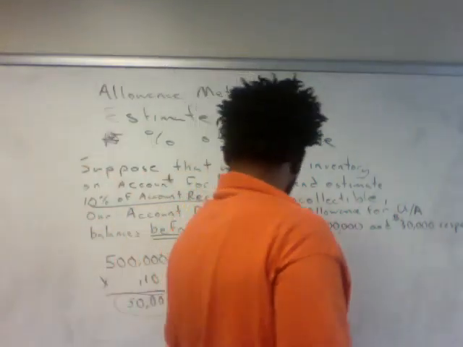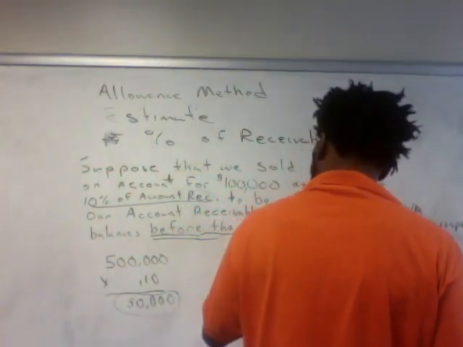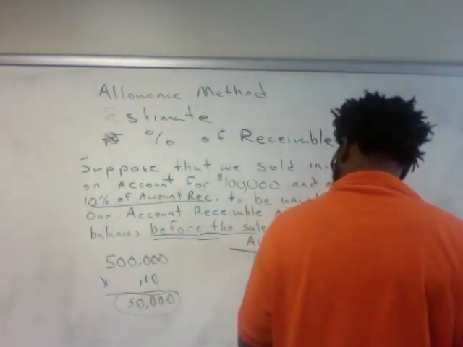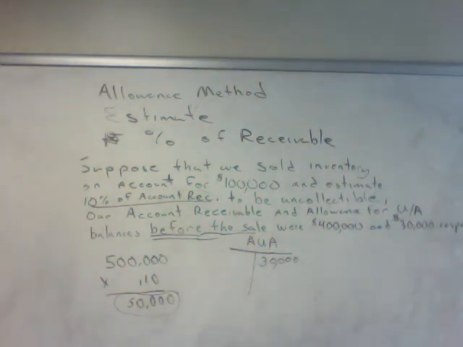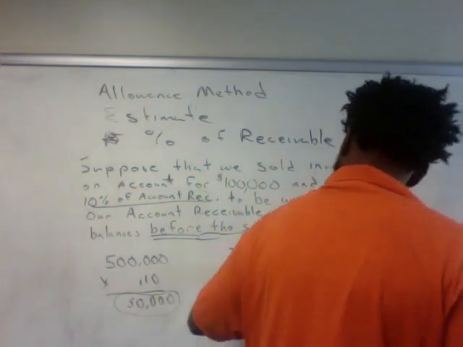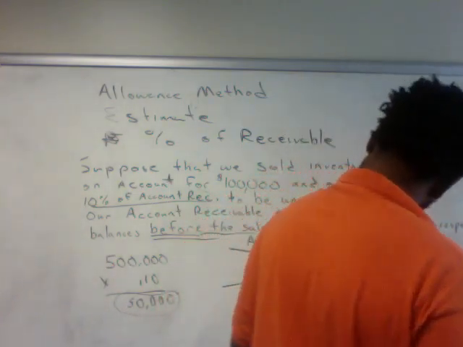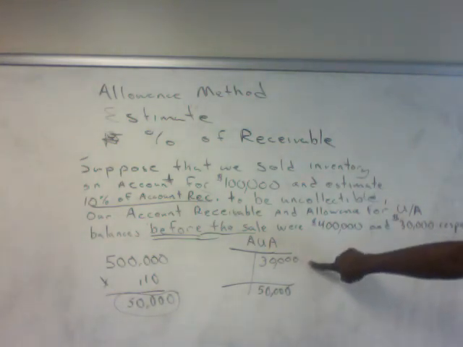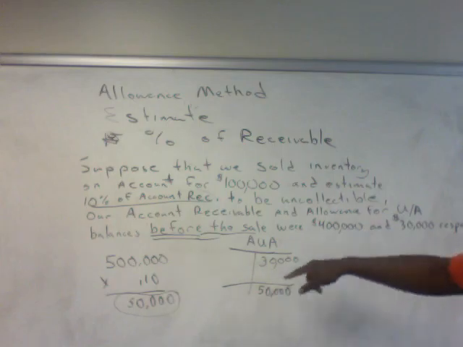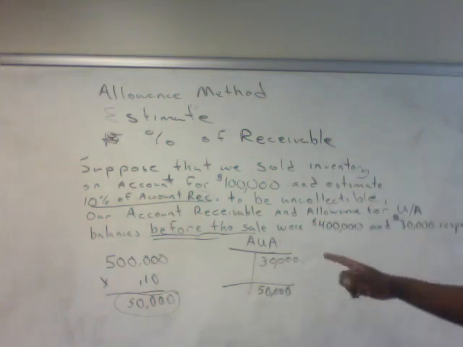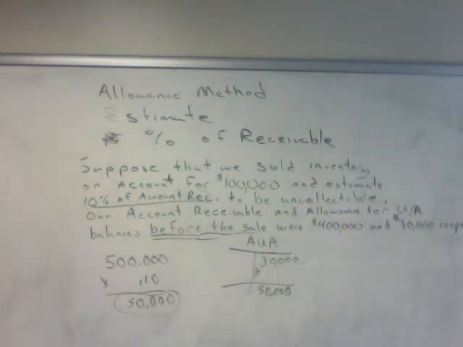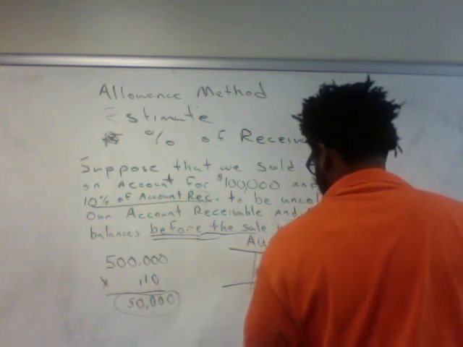Yes, we do, it's already $30,000. But based on this new calculation, it should be $50,000. So how much should we adjust this account by? What we're looking for is the adjustment of $20,000.